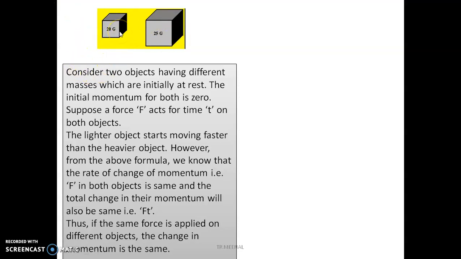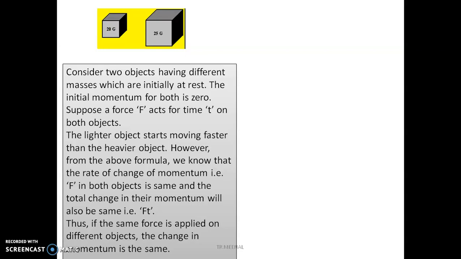Obviously, the lighter object starts moving faster than the heavier object. But from the above formula, we know that the rate of change of momentum, that is F, in both the objects is the same, and the total change in their momentum will also be the same, that is Ft.